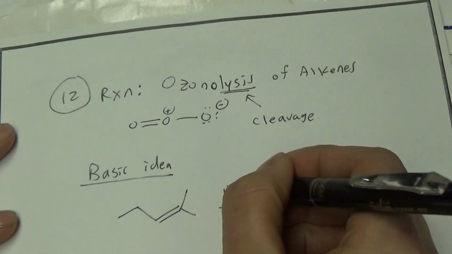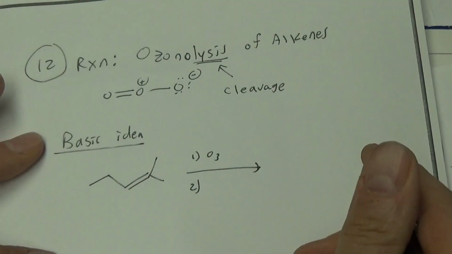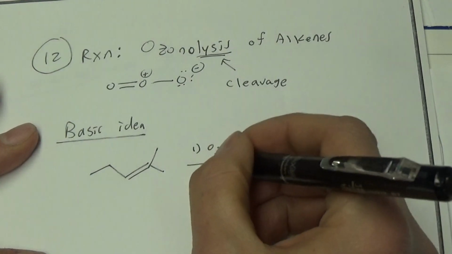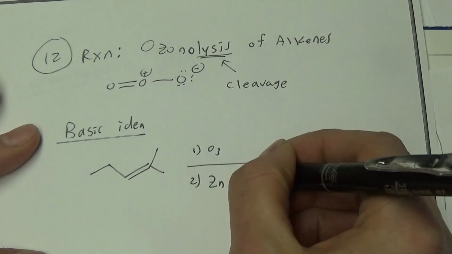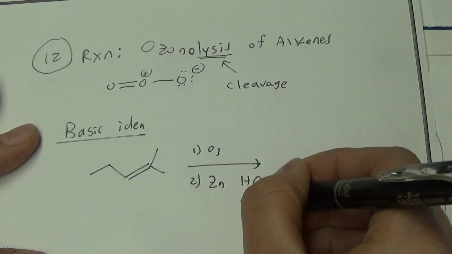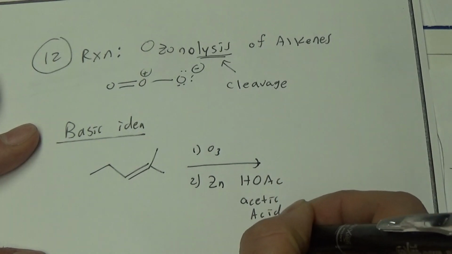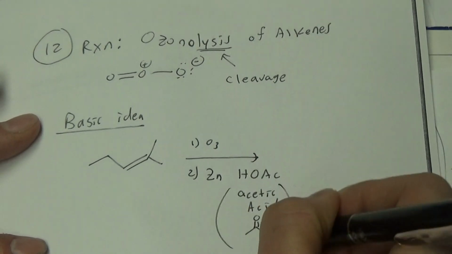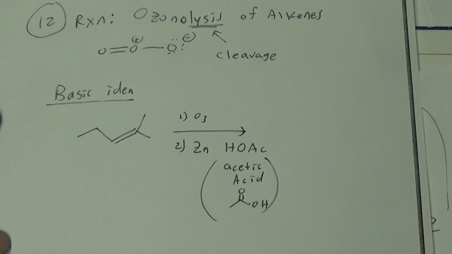is, it's O3, and then you have a second workup step reagent, zinc, HOAc, which is acetic acid, or something like that. And what happens is you just cleave the bond.